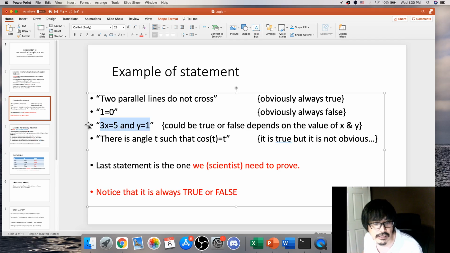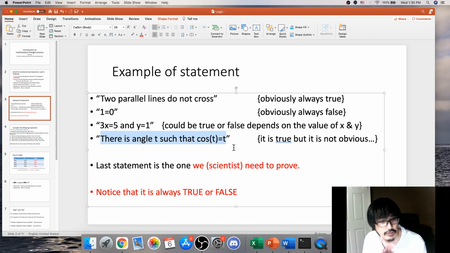So I don't have to do anything about these. But if I see a statement that says there is an angle t such that cosine t is equal to t, this is not so obvious, but it's a true statement.